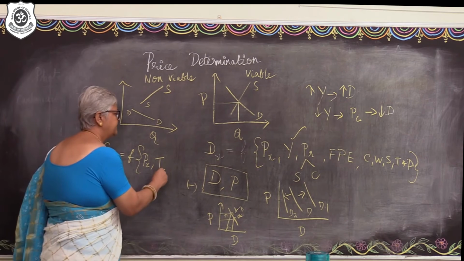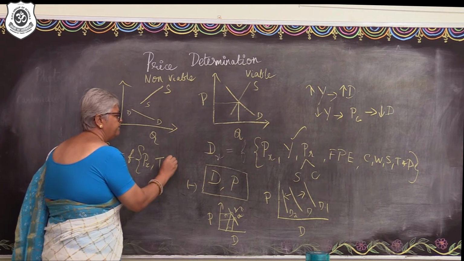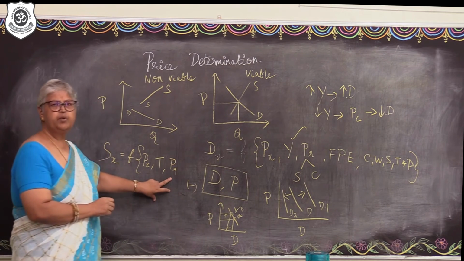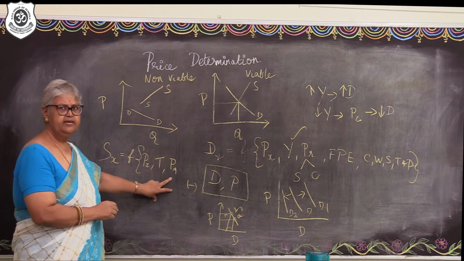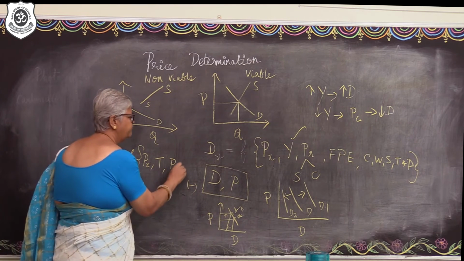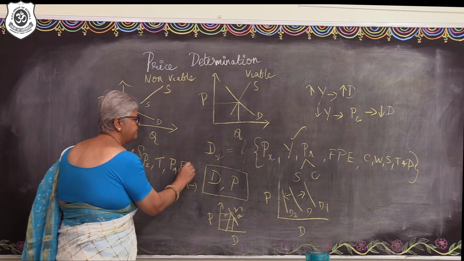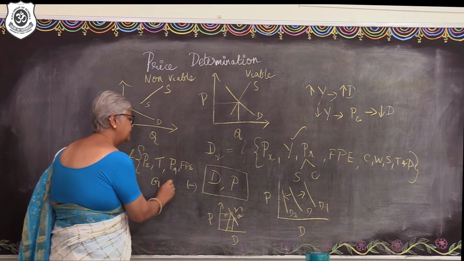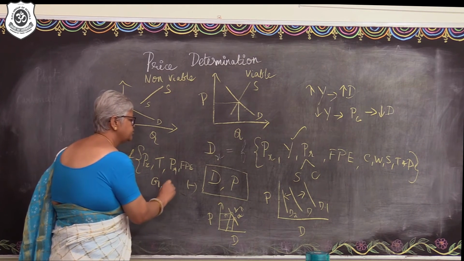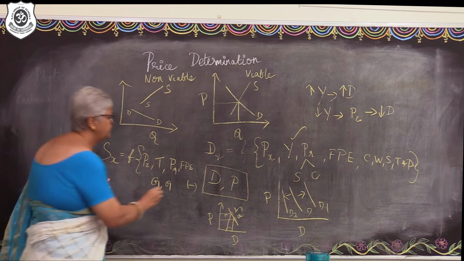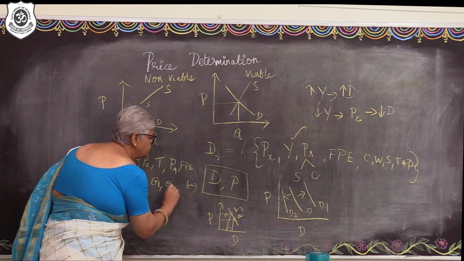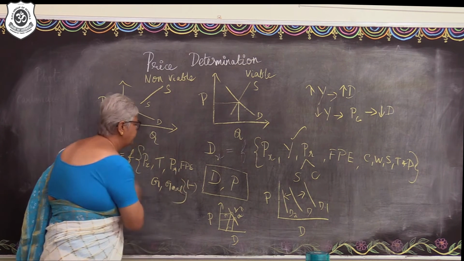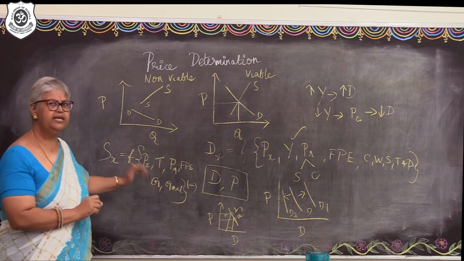And then it is going to be the price of related products once more, right? And then it is going to be the future price expectation, the government policy, right? And it is going to be the goals of the firm, right? So you see that there are so many factors that affect the supply. Again, I am not going to elaborate all that.